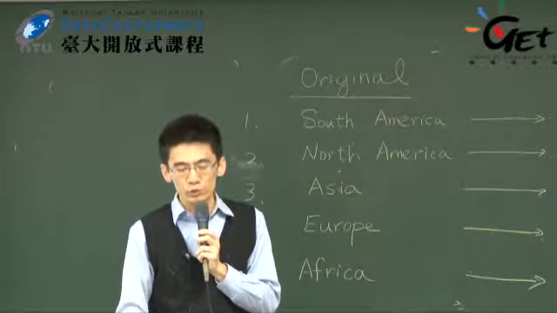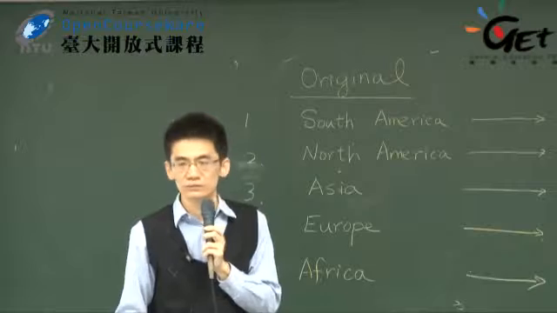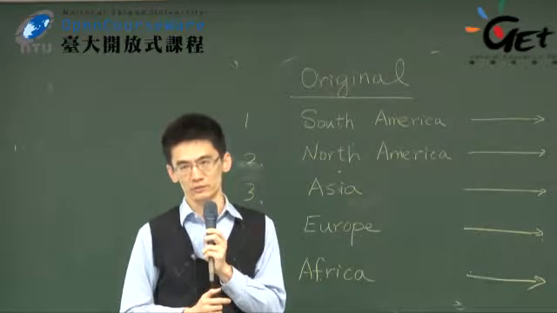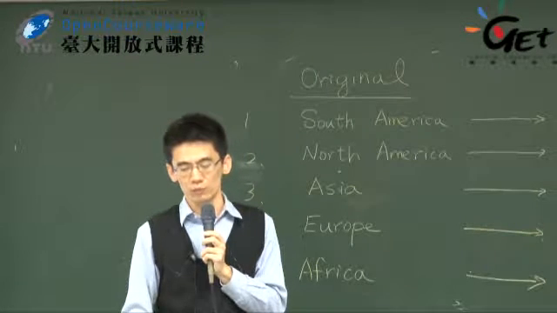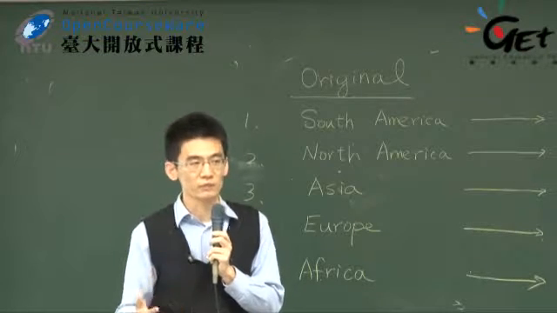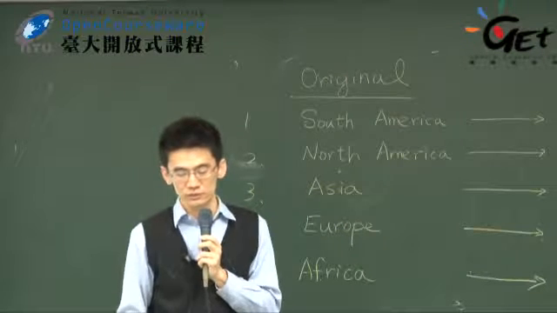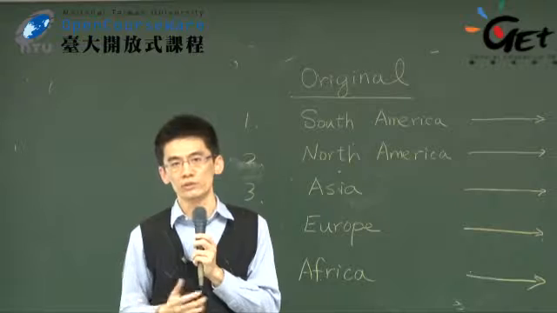So 42 out of 1,000 is about 1 out of 25. 1 out of 25 babies will die before their first month. And about 1 out of 11 or 12 babies will die before they reach their first birthday. And then 1 out of 7 kids will die before they reach 5 years old.